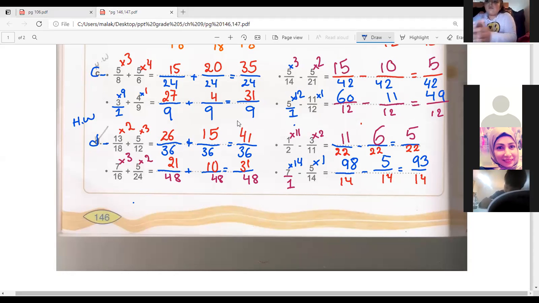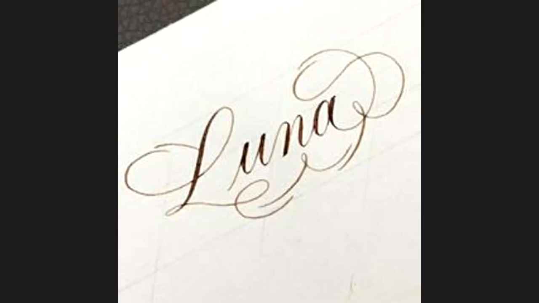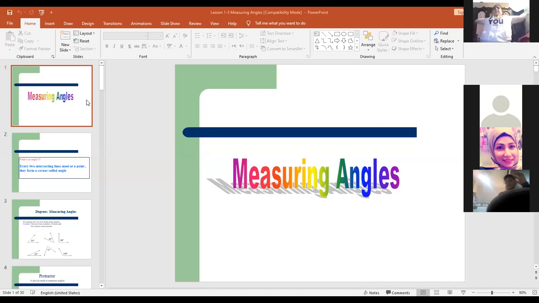Okay, we can work on the opposite, no problem, both ways are correct. Yes, Luna? Teacher, I want to ask you something. Table 11, all of it is just, for example, 2 times 11 equals 22, 3 times 11 equals 33. Yes, all of them: 33, 22, 44, 55, 66, 77.